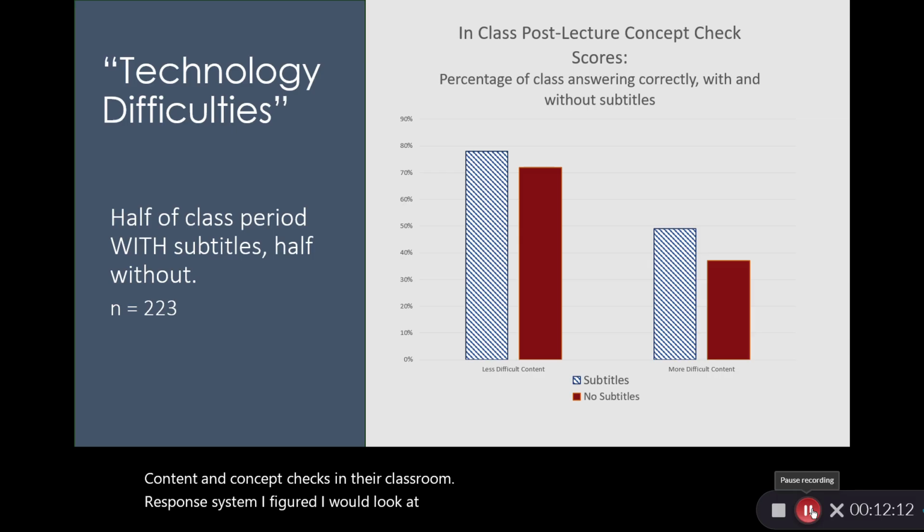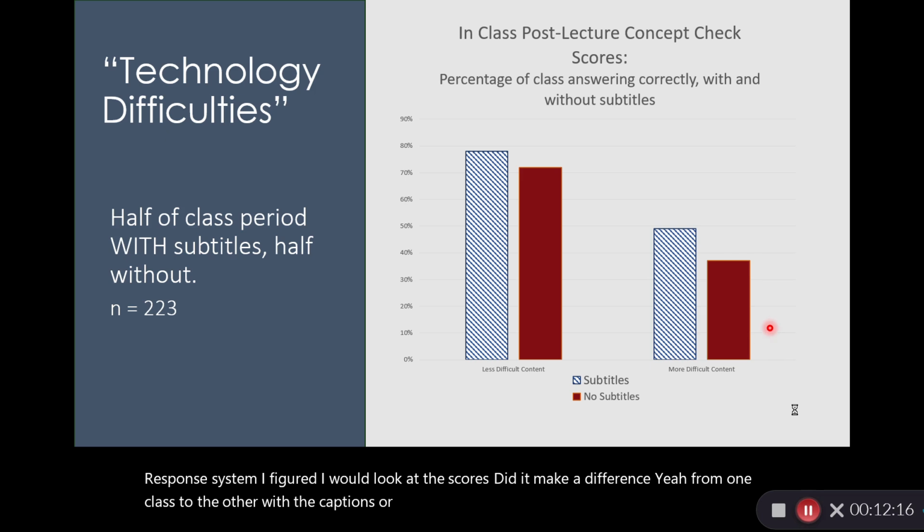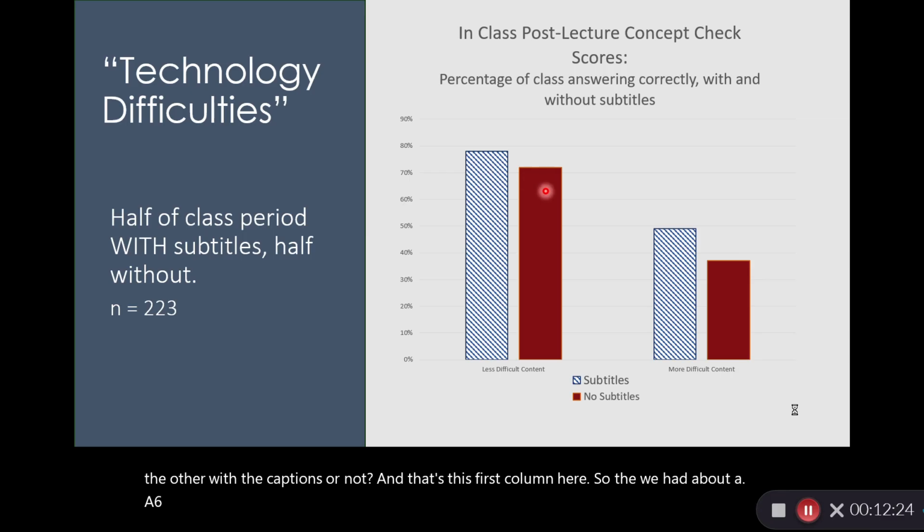Did it make a difference from one class to the other with the captions or not? And that's this first column here. So we had about a 6-point difference. So no subtitles got 72% correct on the concept check, 78% correct with the subtitles. I wasn't convinced that was really meaningful.